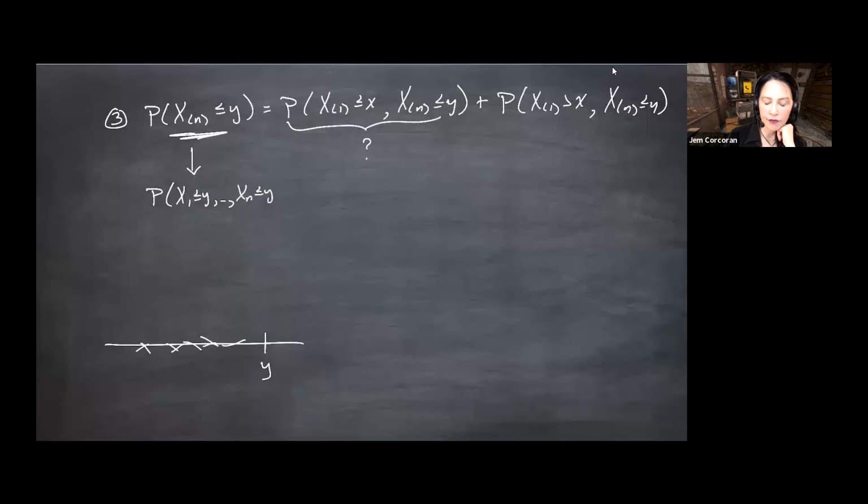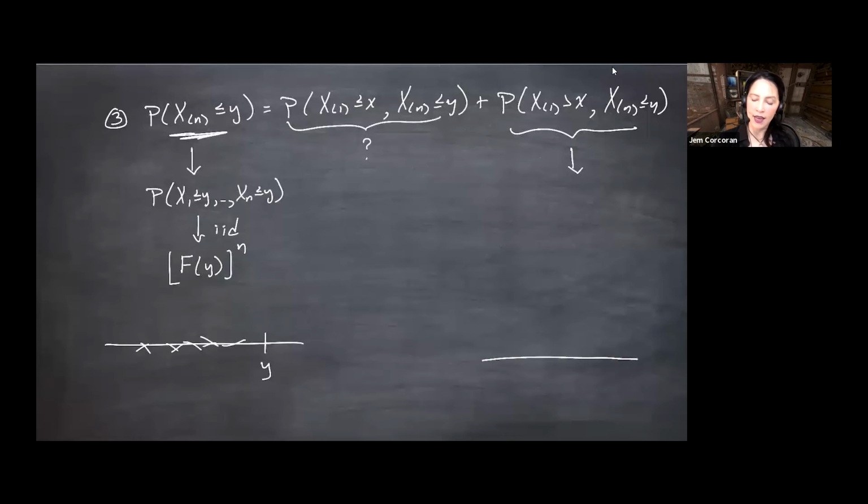I'm sure you did this and I just don't think it's that messy, because these are IID, you get to break those up because they're identical. Part of IID, this is F of y to the n. And then this guy over here, if you drew a picture for this guy, I would say, just to be thorough, suppose x is greater than y, then this probability is 0 because you can't have the minimum greater than a number and the maximum less than a smaller number.